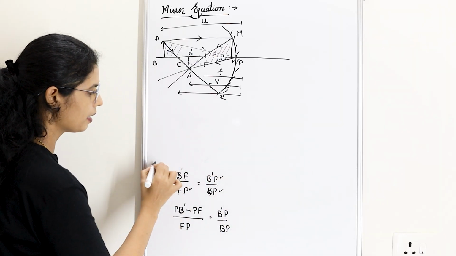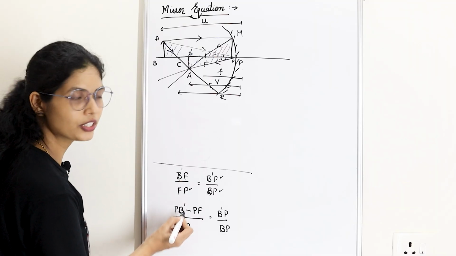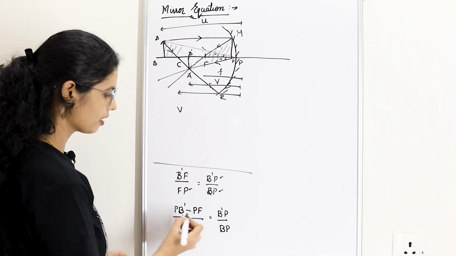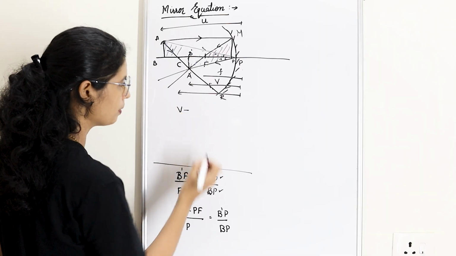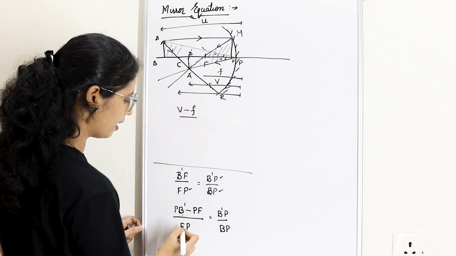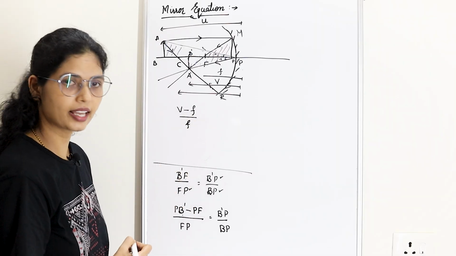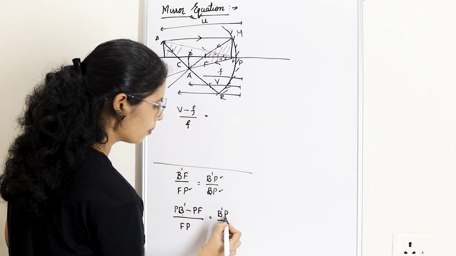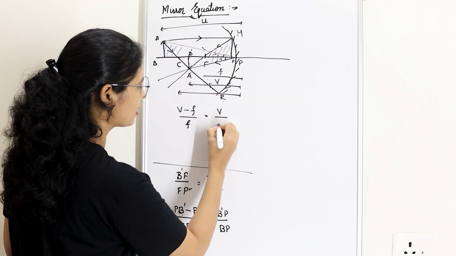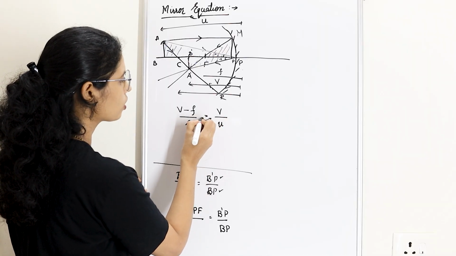So first, PB dash, that is pole to image distance. Pole to image distance is V, right? Minus pole to principal focus, that is F, focal length, divided by pole to principal focus again, that is focal length F, equals to pole to image distance V, pole to object distance, that is U. Okay, now what do you do, just cross multiply.